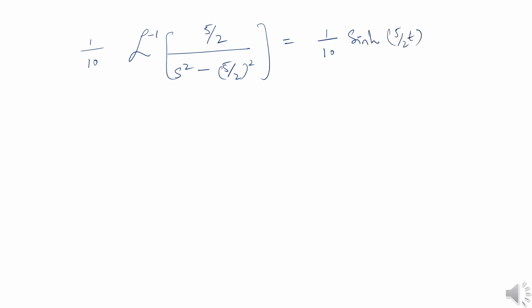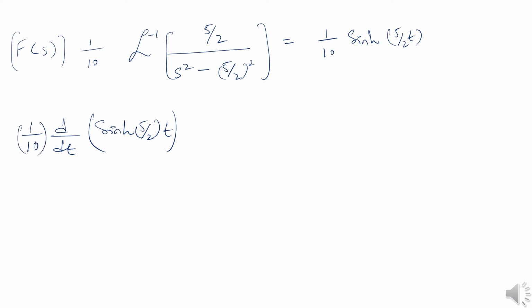Now we have got f(t). The next step is to apply the rule: the derivative of the function sinh of 5 over 2 t multiplied by 1 over 10, which I can write outside because it is a constant, plus the function at 0, that is sinh 0 multiplied by delta t.